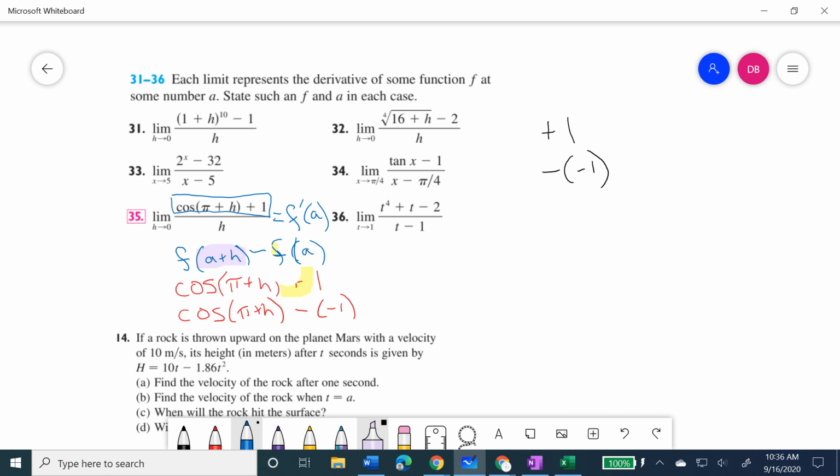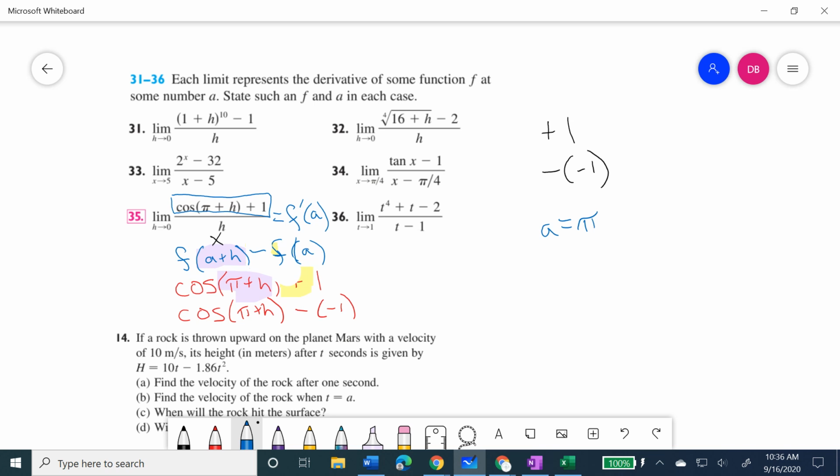A plus h is going to be replaced by x to get f of x. Hopefully you can see that pi plus h is your a plus h. So that means you know that your a is probably going to end up being pi.